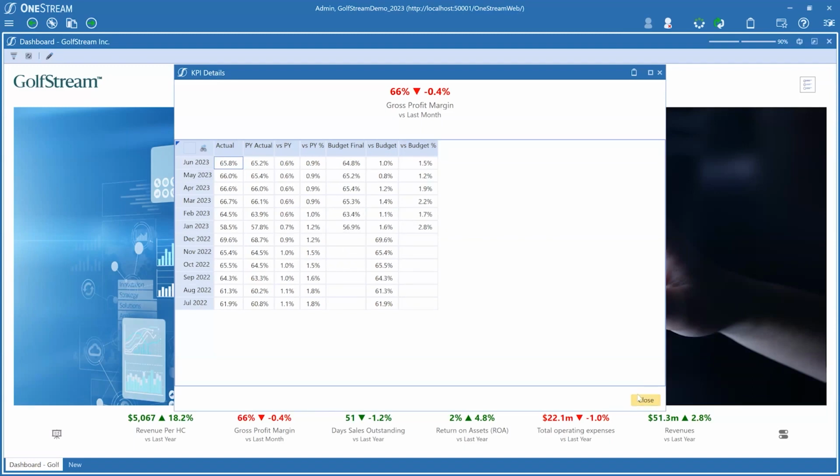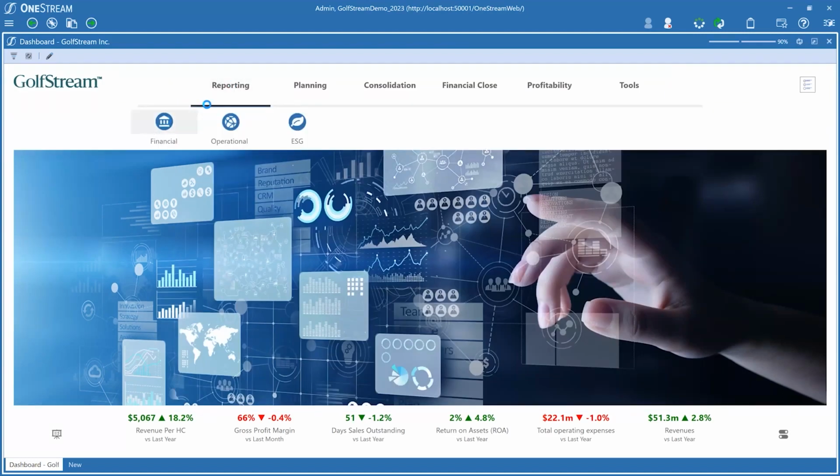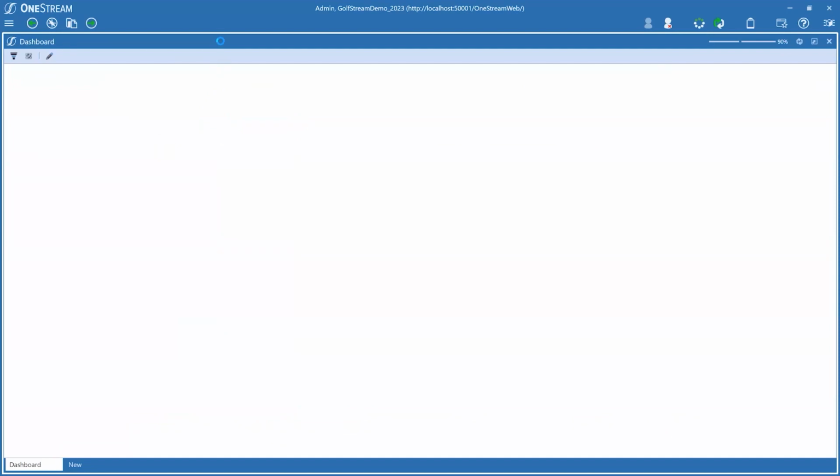So let's dive in a little bit further into financial reporting. As we jump into our financial reporting, this is going to pull us into an executive overview lens of a dashboard.